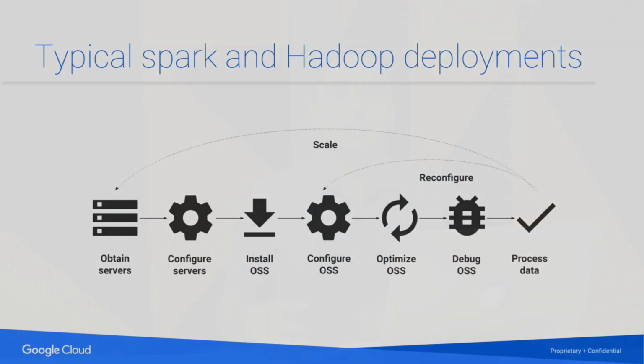So I'm going to show you a typical Spark and Hadoop deployment. For example, you plan to set up your own cluster for your business case. There are multiple steps involved in that. The first step being you need to configure your hardware. You need to provision your hardware. You need to configure your servers. And that's only the first step.